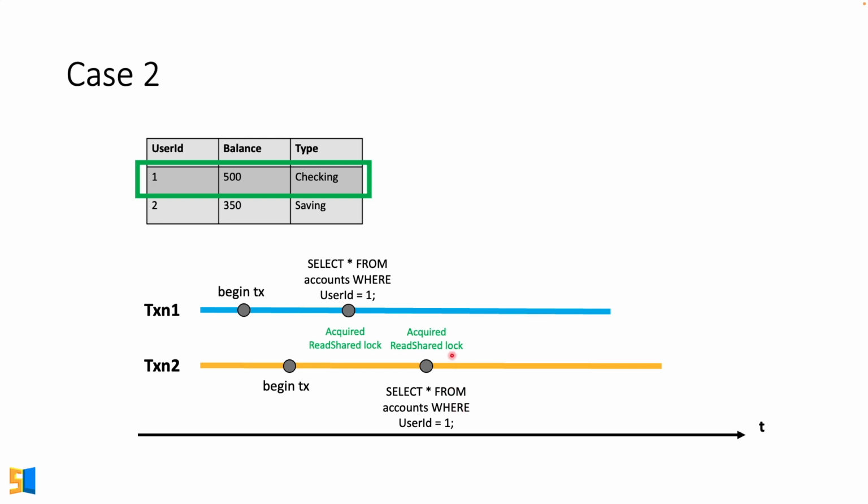It also acquires a reader shared lock. Transaction 1 tries to update accounts set balance 100 where user ID 1, and this update operation is put in the buffer. Then transaction 2 tries to update accounts set balance 200 where user ID 1. This update is also put in a buffer.